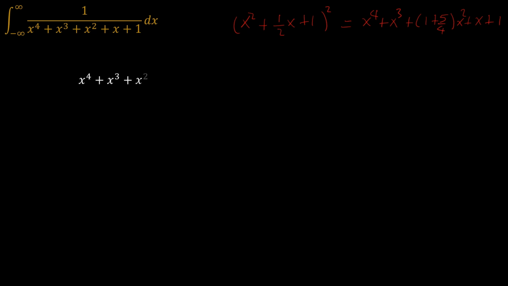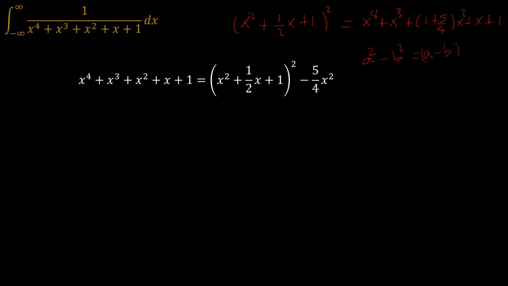Right? So that's one thing we can do. Then using the difference of two squares, a squared minus b squared being equal to (a minus b) times (a plus b), we can form this into this perfect square so that it looks like b squared.